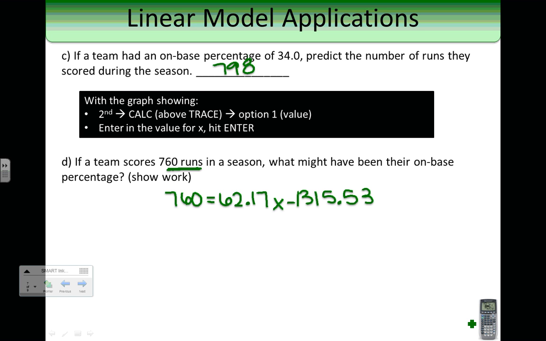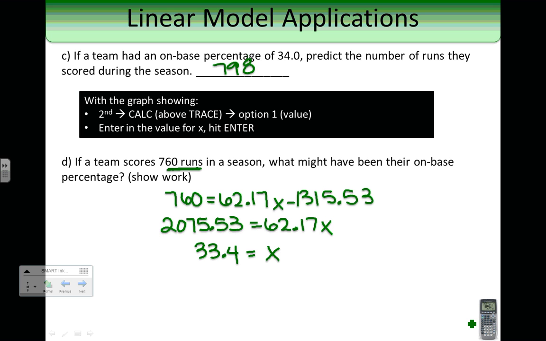In that case, I'm going to add 1,315.53 to both sides, and we get 2,075.53 equals 62.17x. Divide by 62.17, and you get 33.4.